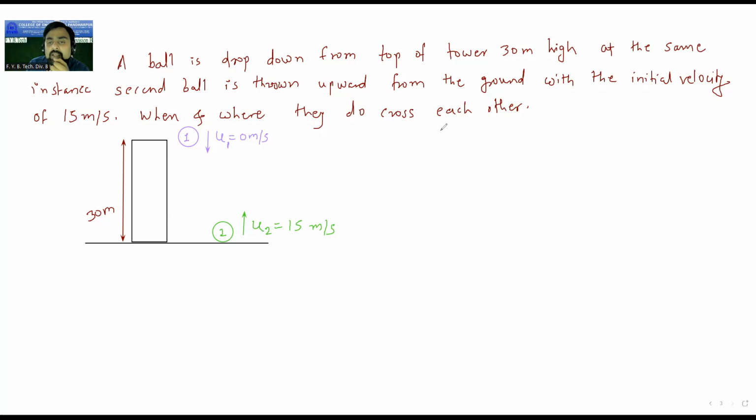And the when and where they do cross each other. म्हणजे एक वरून सोडलाय एक खालून थ्रो केलाय तर ते कधी एकमेकाला क्रॉस करतील कुठल्या वेळेला हे तुम्हाला त्यांनी विचारलंय प्रॉब्लेम मध्ये. इज इट क्लियर? व्हाट इज द गिवन प्रॉब्लेम? नाउ यू टेल मी हाऊ यू विल अप्लाय द लॉजिक अँड हाऊ विल यू सॉल्व दिस. थिंक ऑन दिस. अनलेस अँड अंटिल यू थिंक ऑन इट. इक्वेशन तर तीनच वापरायचे परत सांगतो मी तुम्हाला. काय करायचं ते समजून घ्या. प्रॉब्लेम काय दिलाय.